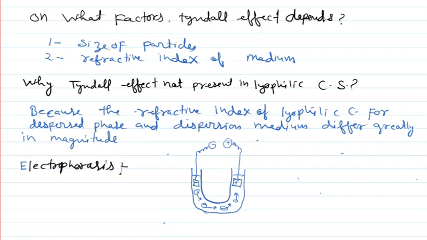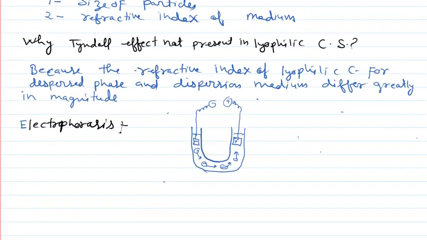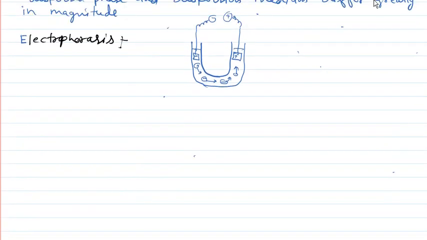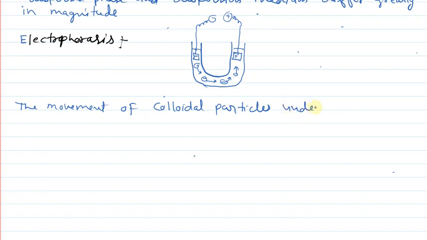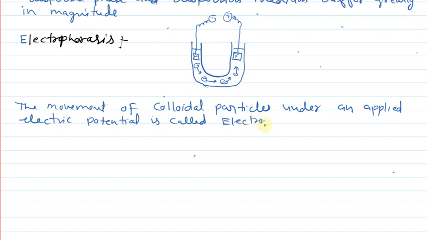In simple words, we can define electrophoresis as the movement of colloidal particles under an applied electric potential is called electrophoresis.